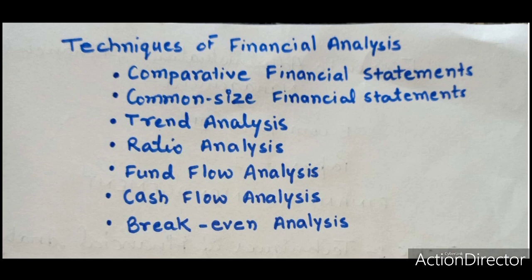The various analytical methods or devices used to study this horizontal or vertical relationship are known as techniques of financial analysis. It can be defined as the methods employed to examine the vertical as well as horizontal relationships of different financial variables with a view to study profitability and financial position of business are called tools of financial analysis.